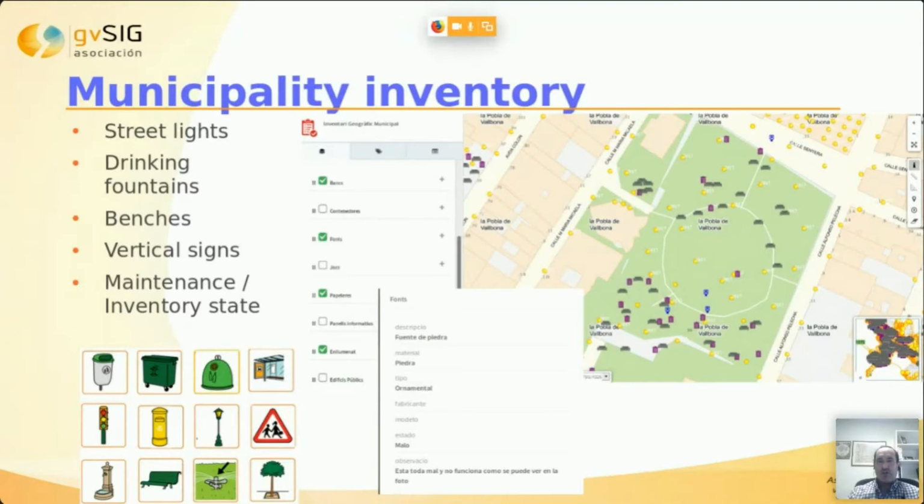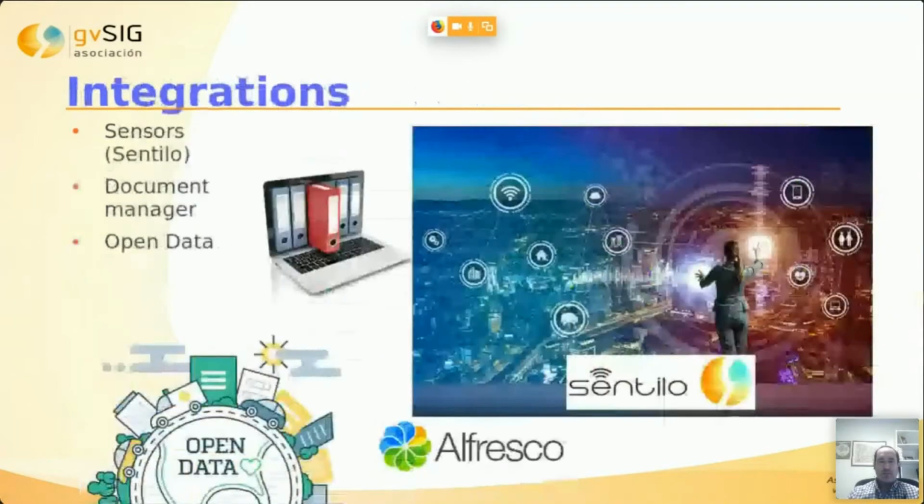So the technicians could go to that street light to fix the problem. With the tablets, they can have this geoportal with that information, and they can go to the street light directly with the GPS.